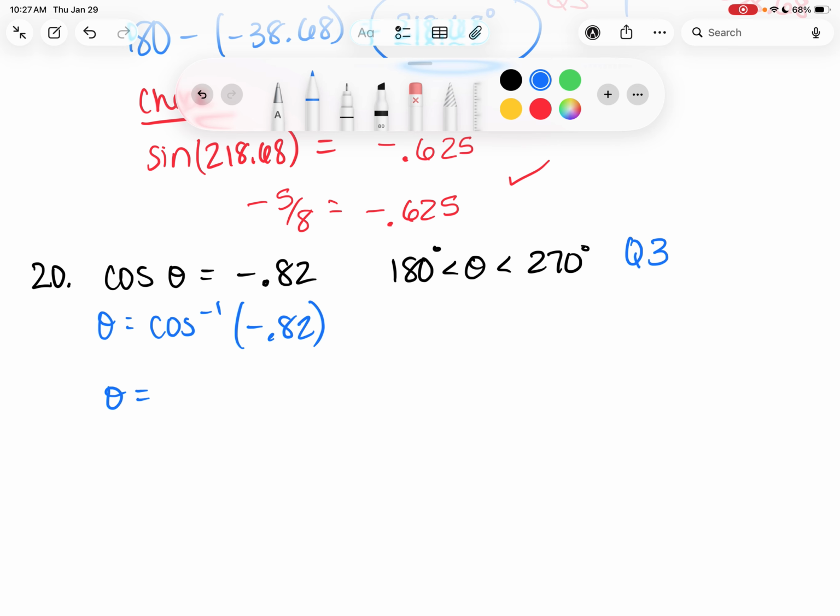Now that's because cosine produces what values? Top half. It produces top half, so that means that value is somewhere up in here. But I need my answer where? In the third quadrant. In quadrant 3, so that means it needs to be down here somewhere.